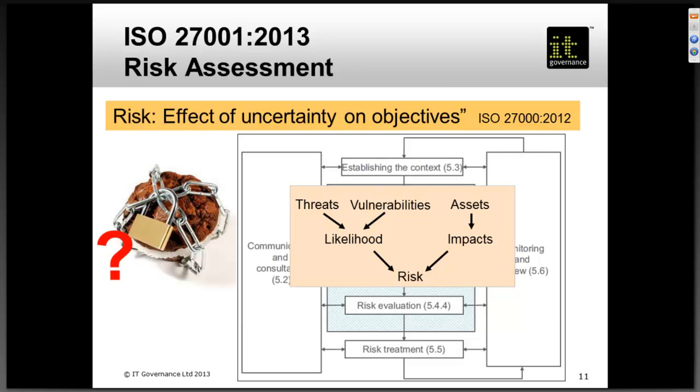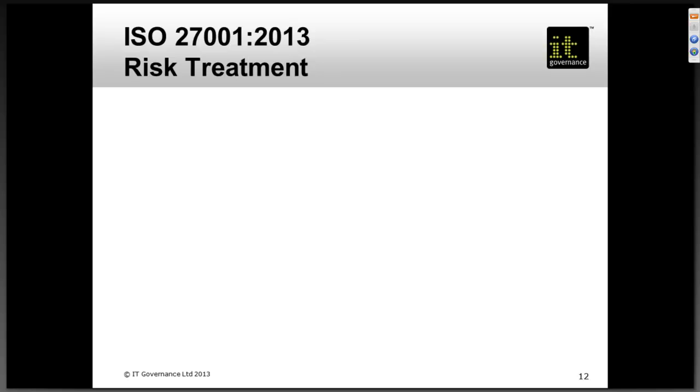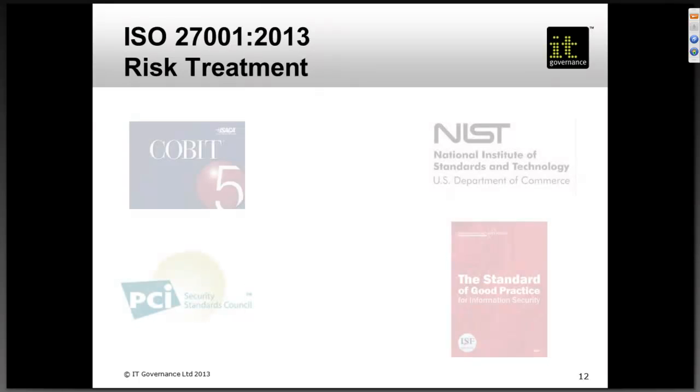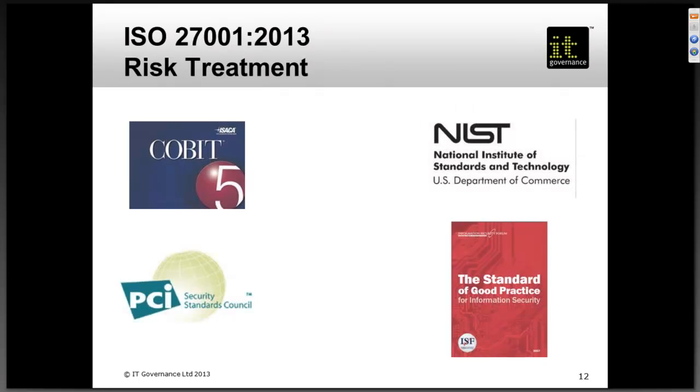The other significant difference in the risk management aspects of 27001 2013 is that it has matured to the extent where it reflects the reality that organizations have or may already be adopting other control sets. The standard quite simply says identify the risks and then create or identify controls from whatever source you wish.